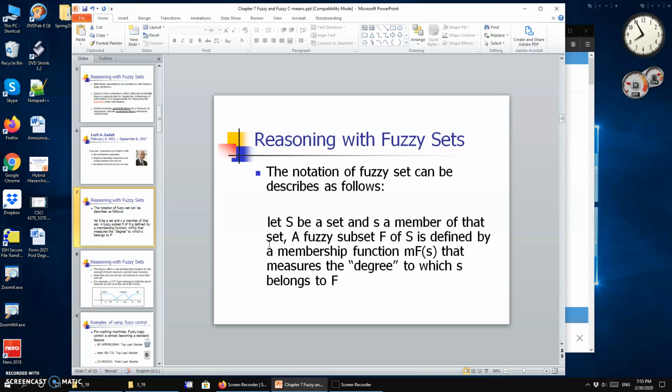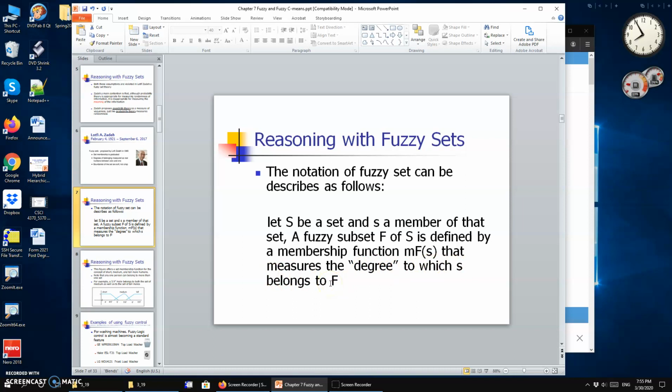So, reasoning with fuzzy sets. The notion of a fuzzy set can be described as the following. Let S be a set, and for a member of that set, a fuzzy subset F of S is defined by a membership function. So you want to have a membership function to calculate this item and then to measure the degree to which it belongs to the set.